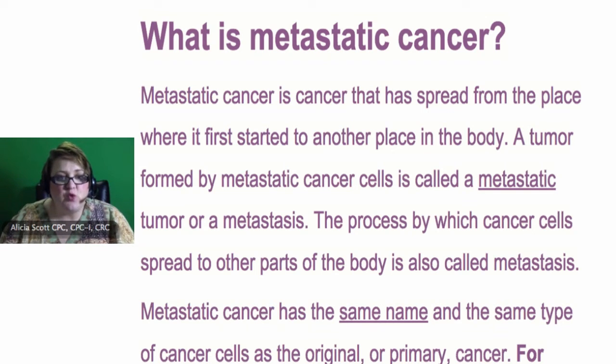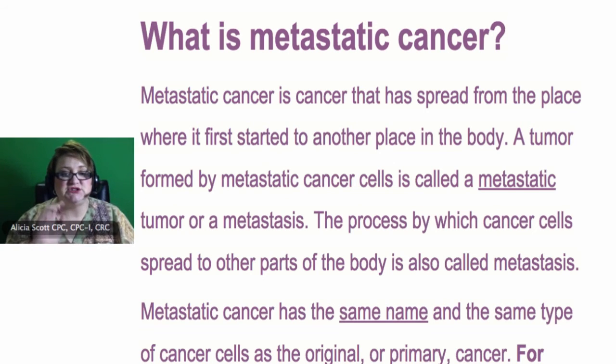A tumor formed by metastatic cancer cells, so they're moving, is called a metastatic tumor or metastasis. The process in which the cancer cells spread to other parts of the body is called metastasis, or several people say it different ways. But metastatic cancer has the same name as the same type of cancer cells as the original or primary cancer.